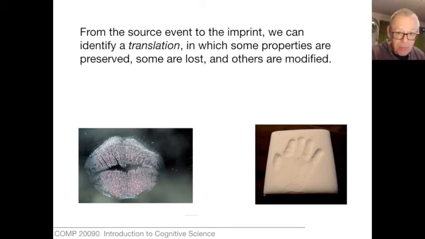Someone kissed a sheet of glass, someone pushed a hand into clay, and there's lots of information that's lost. We have no information here about the gender of the person or why these things happened, for example. So those maps and imprints provide us with a range of ways of thinking how something that we're looking at in the present can be about something which is not here.